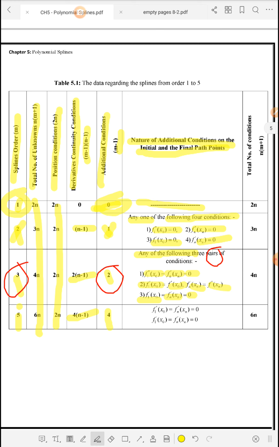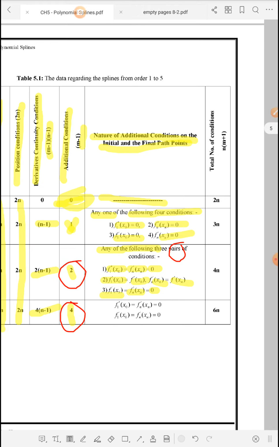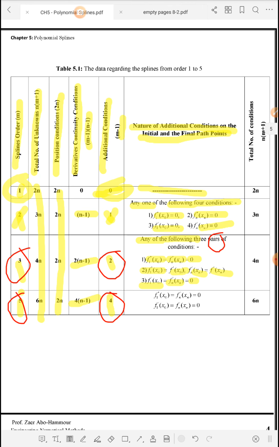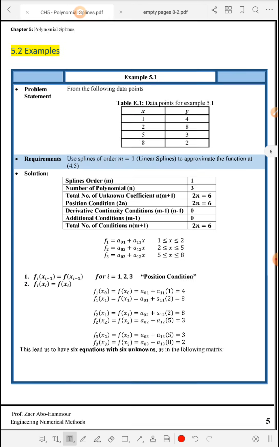And in the case of fifth order splines, we have 4 conditions, and we can add with ease those 4 conditions regarding the position, velocity and acceleration. This one is regarding the acceleration at the 2 nodes x naught and xn, and this condition is regarding the velocity, the first derivative, at the initial and final node. I wish that by this clarification everything is clear, and we will go to the examples.